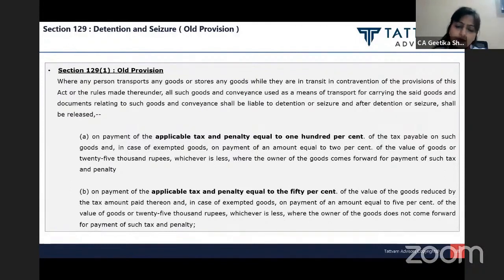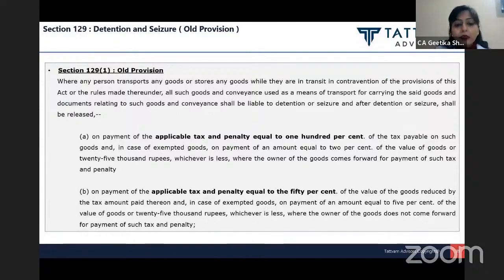That was when the owner came up and paid the taxes. If the owner did not come up, and say the transporter or someone else got the goods released, then it was the applicable tax and a 50% penalty that had to be paid to get the goods released.